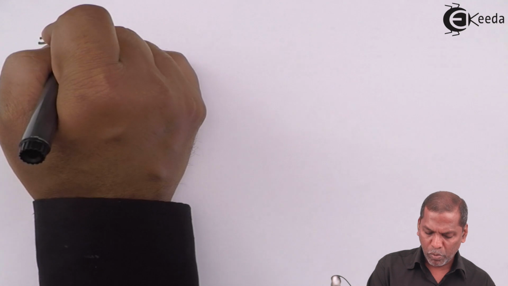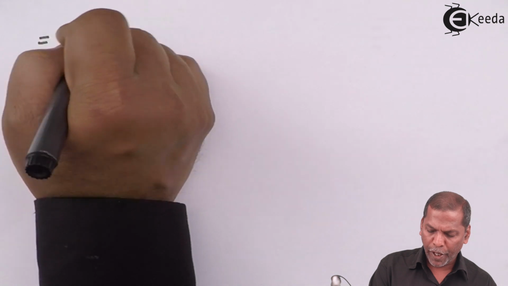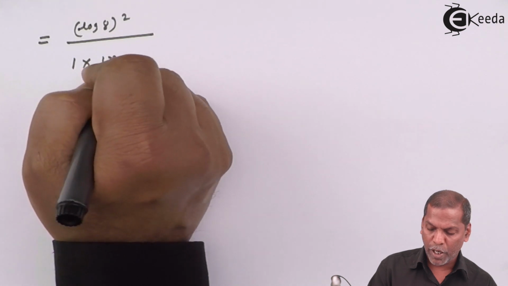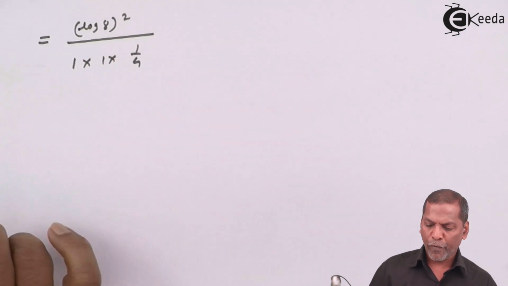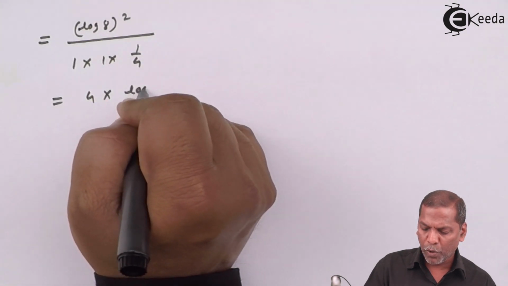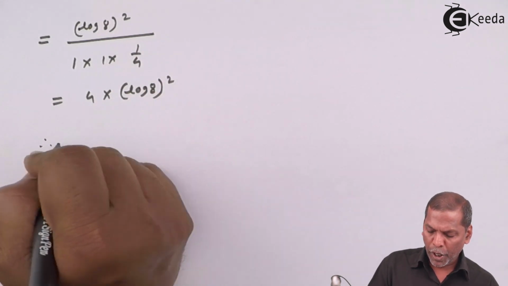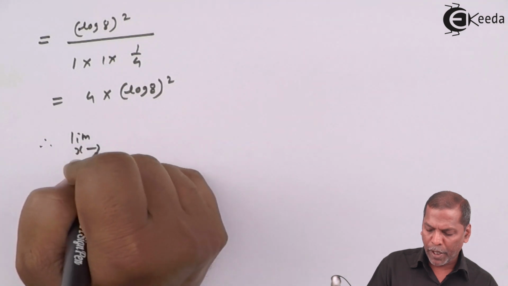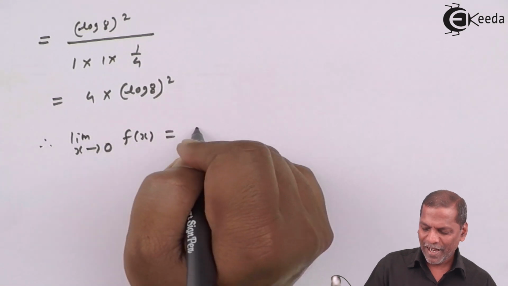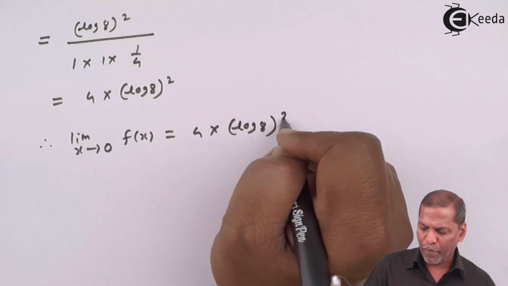So that equals log of 8 the whole square in the numerator upon 1 into 1 into 1 by 4, and that can be written as 4 into (log 8) whole square. So in this way we get limit x tends to 0 of f of x is equal to 4 into (log 8) square.